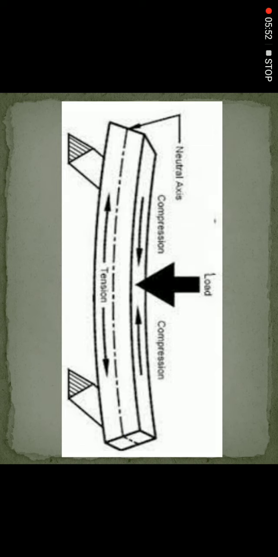Here the dotted line mentions the neutral axis, where compression and tension are equal to 0. Above the neutral axis, all the fibers have compression. Below the neutral axis, all the fibers have tension.